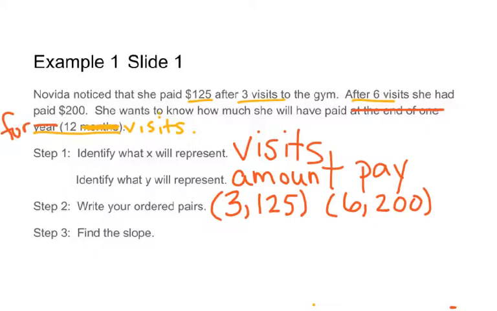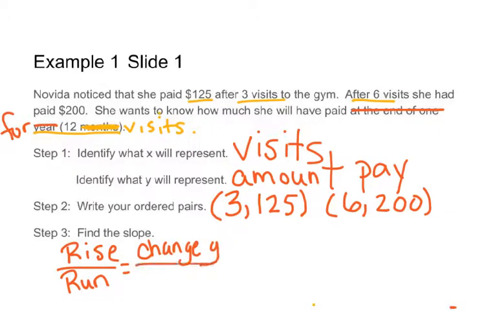All right, so first of all, we're going to find the slope. And from our last unit, remember that the slope is the rise over the run, or the change in Y over the change of the X's, and change has to do with subtraction.